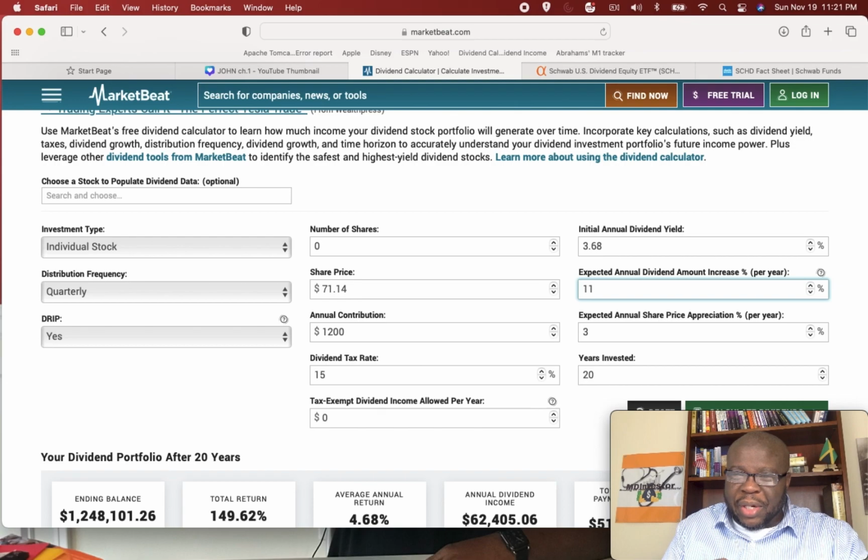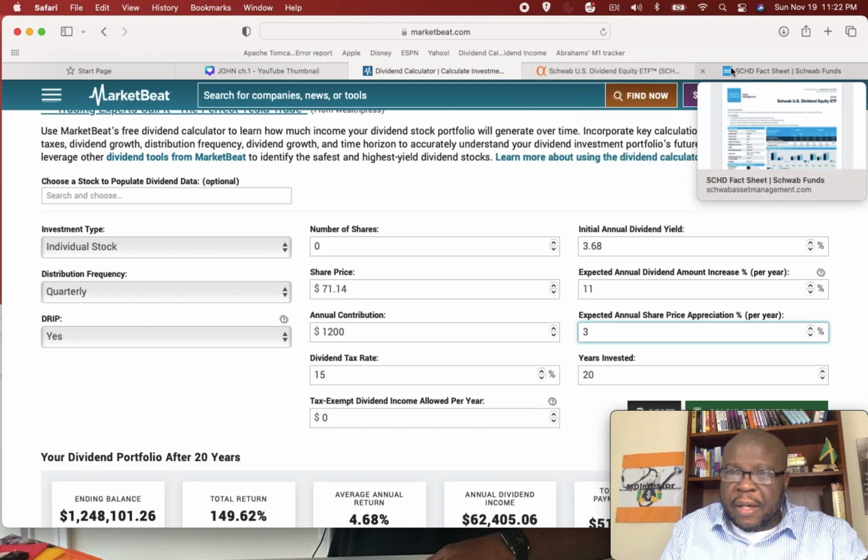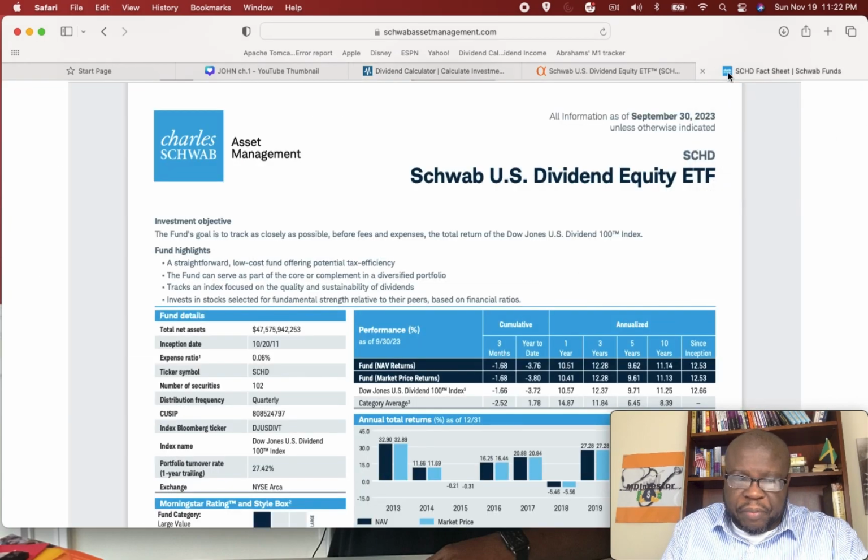Expected annual share price appreciation, because SCHD has been growing its share price as well. Let's look at SCHD. We see here the inception is October 2011.